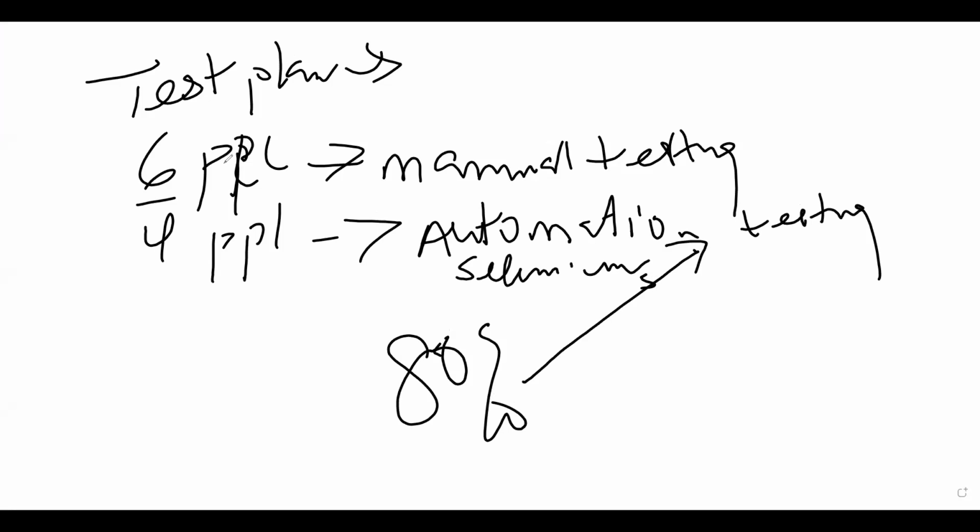Like I have 10 members in my team. The test lead, the test manager, decides all these things. Six are going to do manual and four are going to do automation, right?